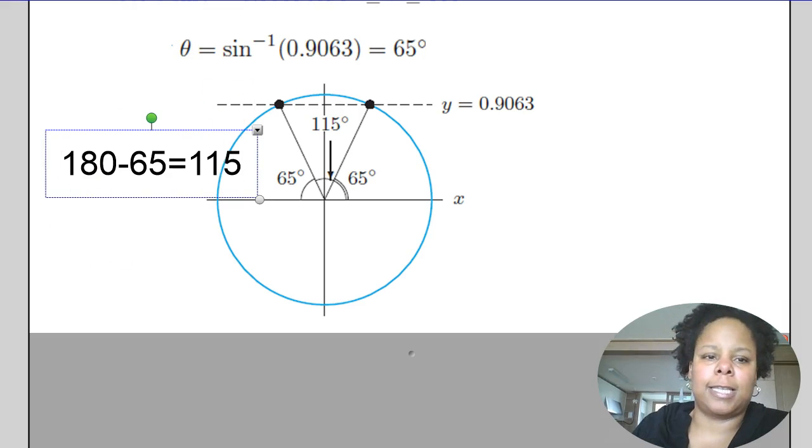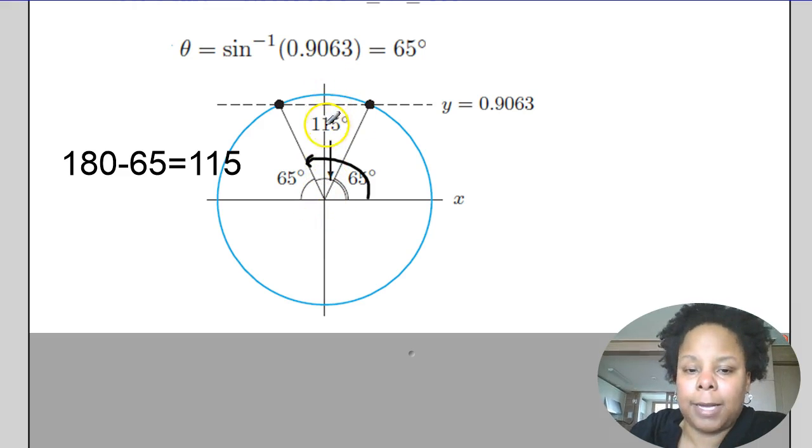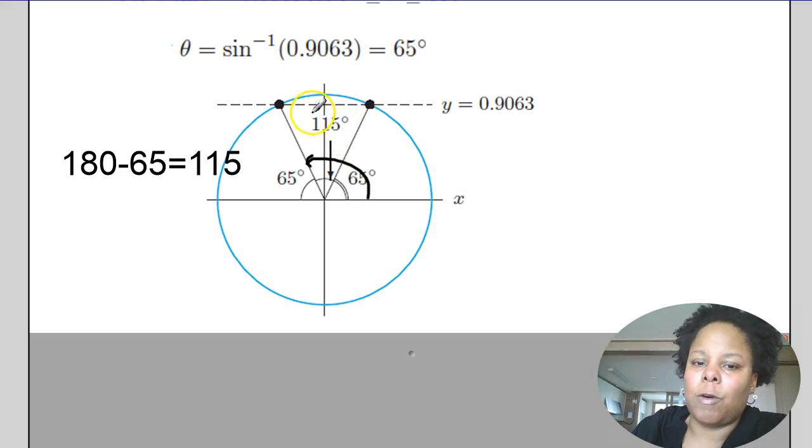And as you can see, this angle right here is 115 degrees. If I were to put into my calculator the sine of 115 degrees, it would give me out 0.9063. So I know that just from 0 to pi, I only have two solutions. And in fact, from 0 to 360, I only have these exact two solutions, which are 65 and 115.